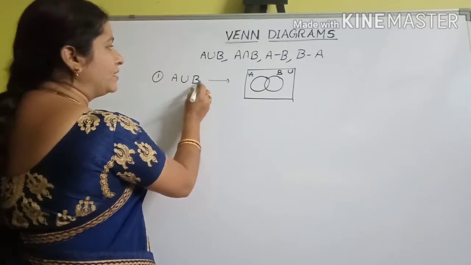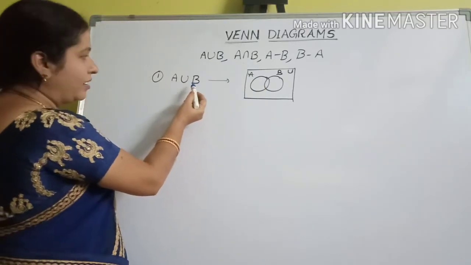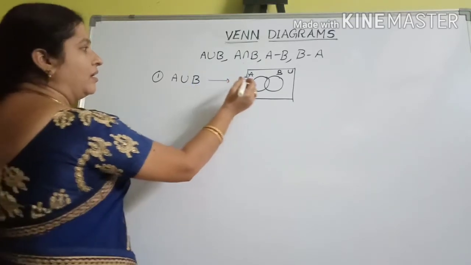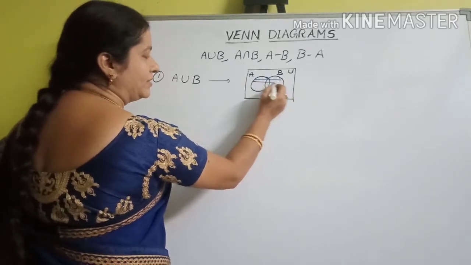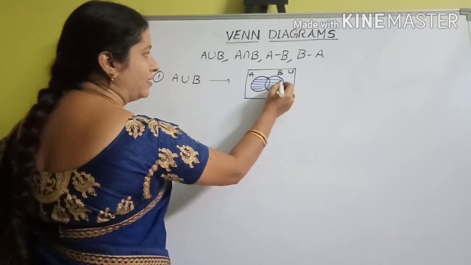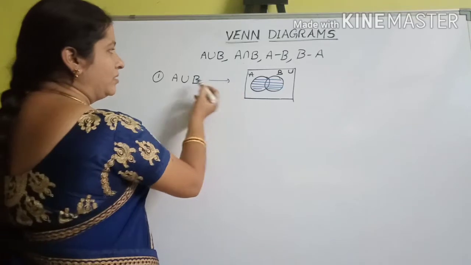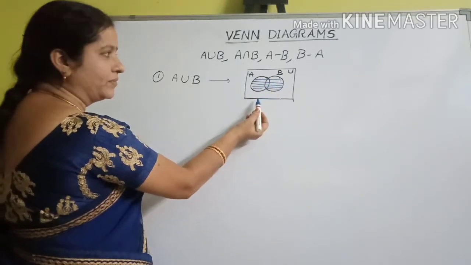So A union B, what is the definition of A union B? The elements of A and B together, all the elements of A comma B together. So for all the elements, what is the shaded region? This shaded region denotes A union B. So how can we represent A union B in a Venn diagram?